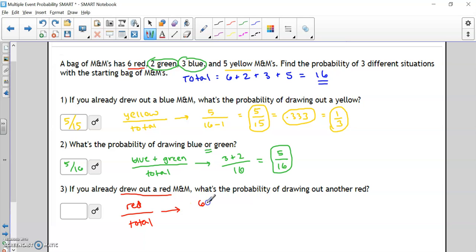So while there were 6 before, we have to subtract 1 from there. And also, there was originally a total of 16, but because we already took 1 M&M out of there, we now have to subtract 1 from 16 from the total as well. That's kind of weird. All right. So that tells me that my chances are 5 over 15. So same answer as number 1.